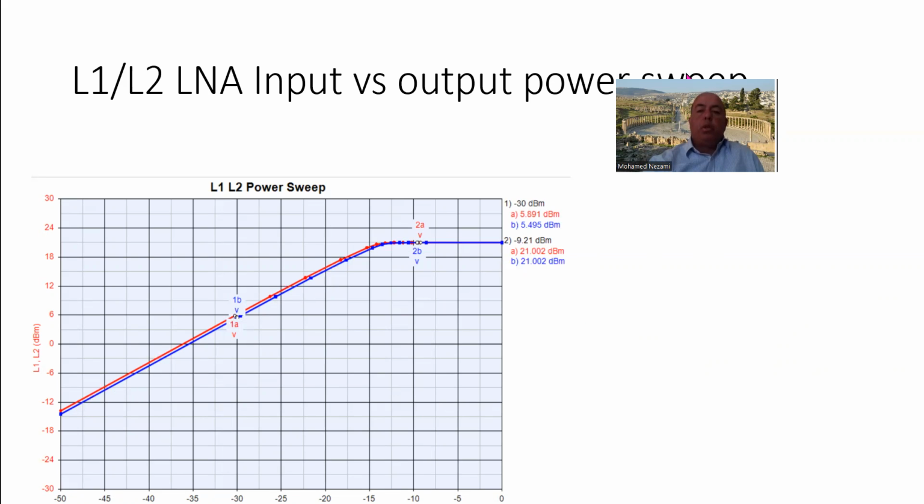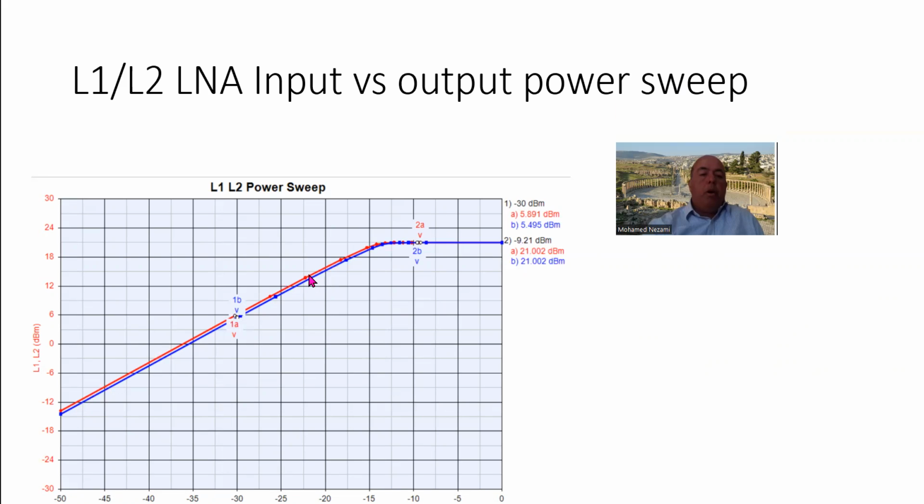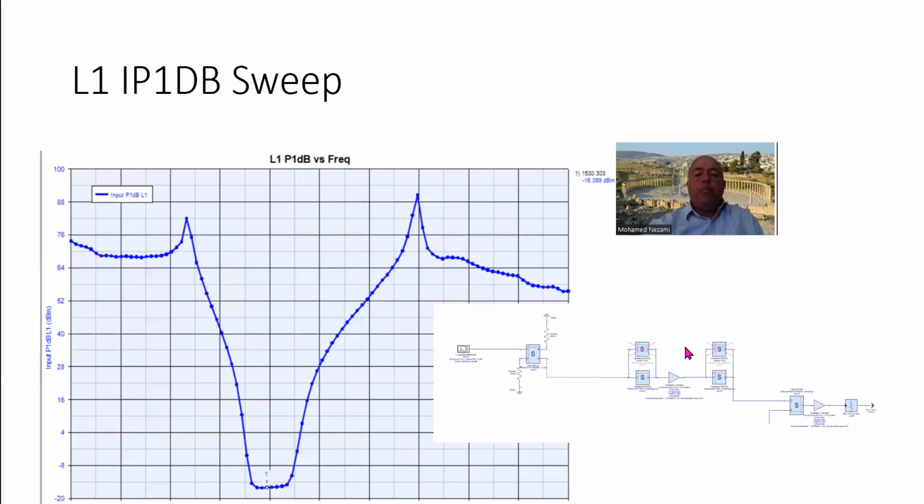So we just want to make sure that the front end of both, now the colors correspond to L1 and L2. Now, one of the important things with GPS low noise amplifiers is we want to make sure that the out of band signals don't compress the low noise amplifier.